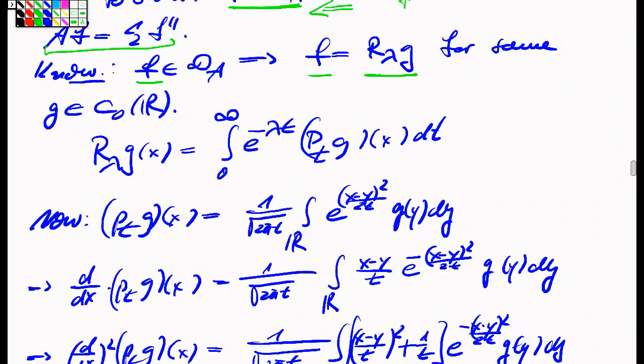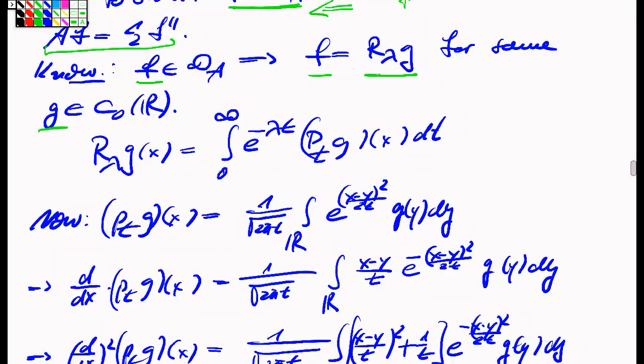So every function in the domain of the generator can be mapped by this operation, and then we can go back via the resolvent, which tells us that there is a certain function g, and we can even write it explicitly, but it doesn't really matter. We know that there is a function g whose resolvent transformation gives back the function f, and g is some function of our function space.